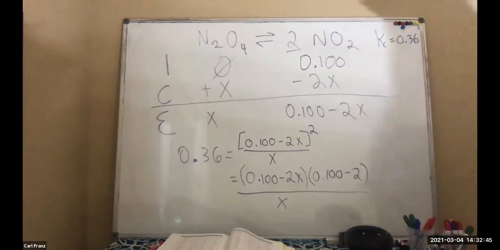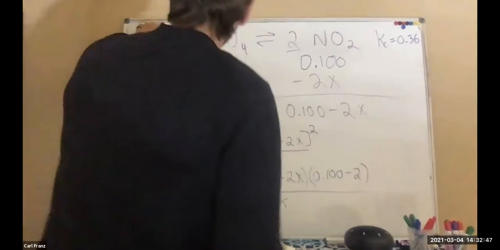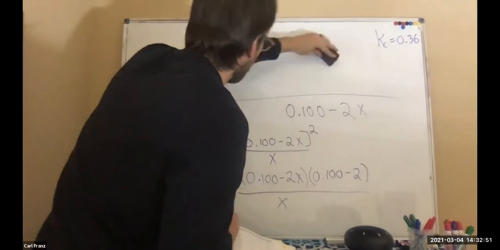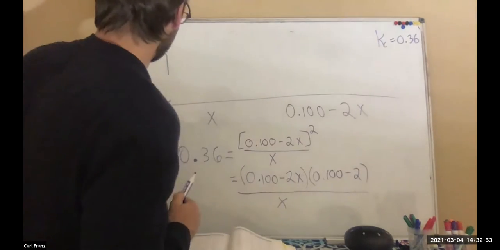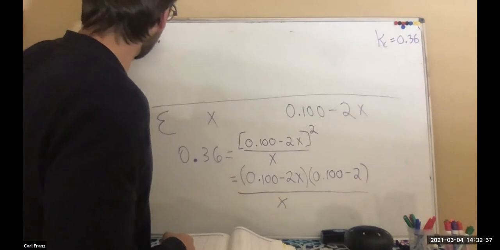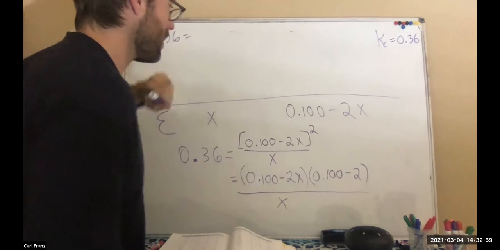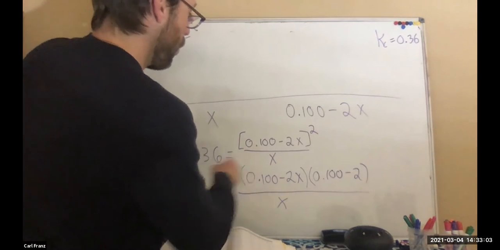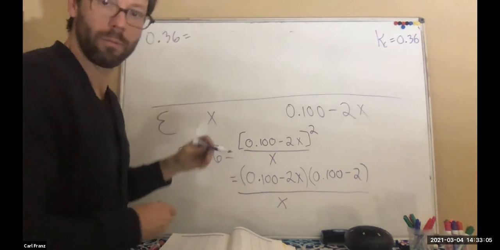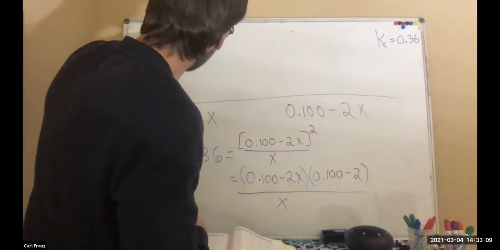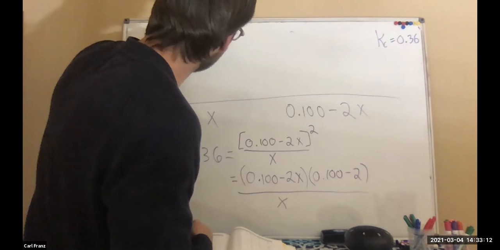Now what do we do? You distribute. Distribute this top here. So forgive me, I need to erase our top part up here. We can say that 0.36 equals 0.1 times 0.1, right? What's that? Is that 0.1?